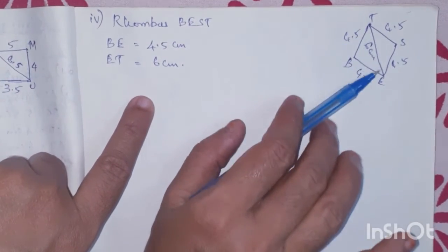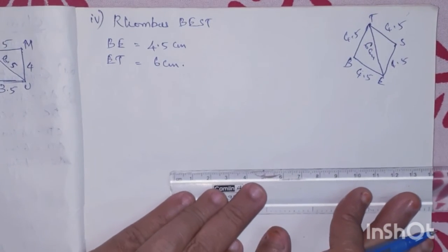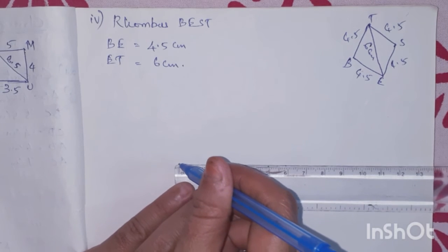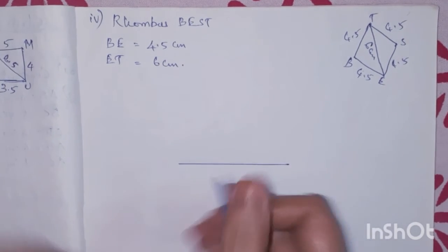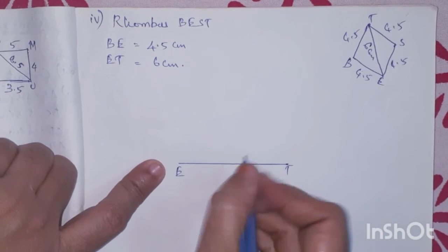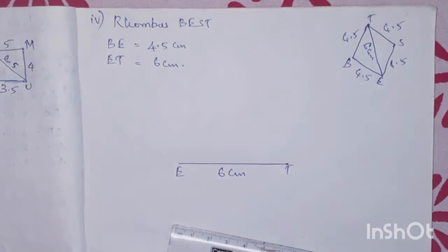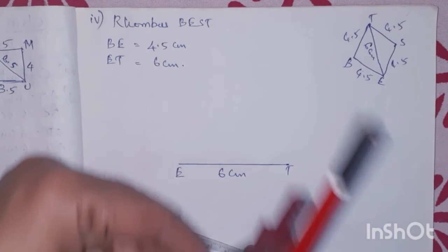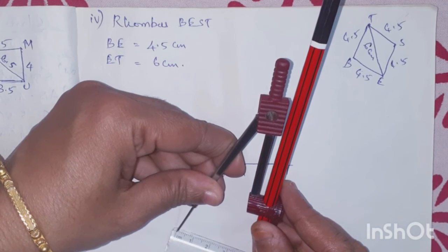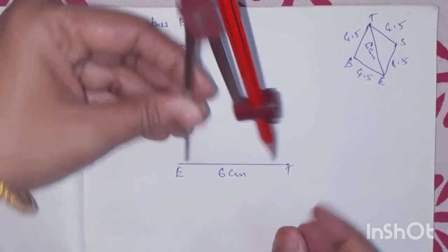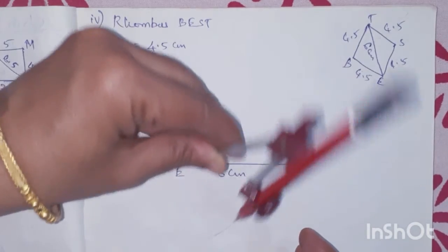First we have to draw this diagonal ET 6 centimeter. ET is 6 centimeter. Now we take the 4.5 centimeter BE. Here we can draw the arc 4.5.